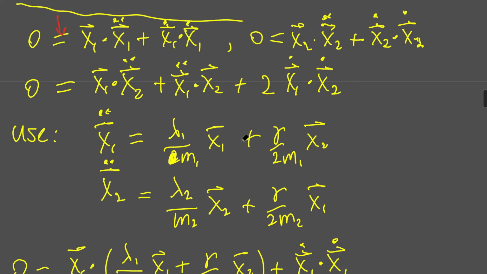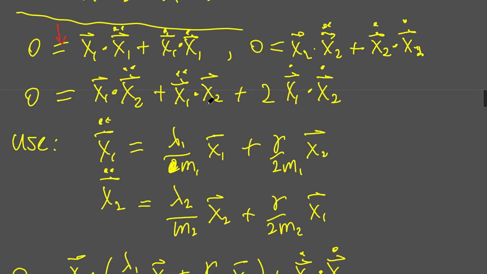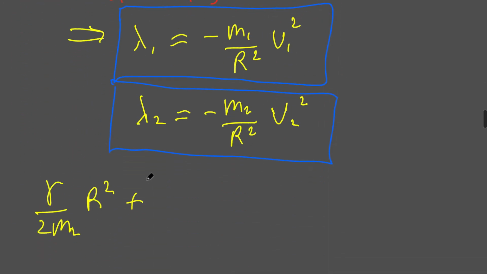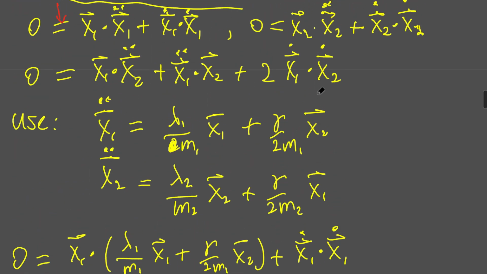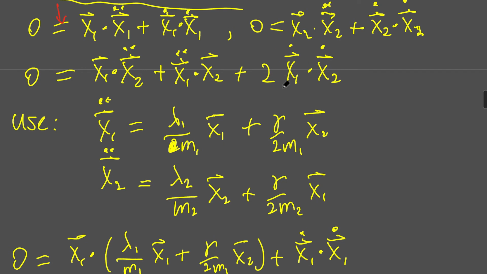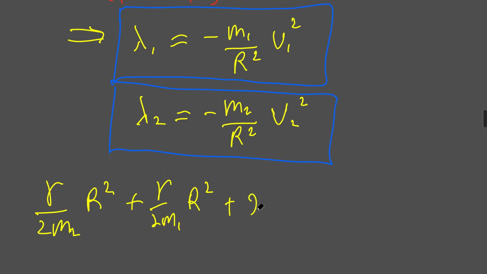And from the second term, here we'll have x2 dotted with x1 double dot. The x2 with x1 goes to 0. x2 with x2 is capital R squared, so this is gamma over 2m1 times capital R squared. And then finally, this third term is just what I'm now calling v1 dotted with v2, and that's all equal to 0.